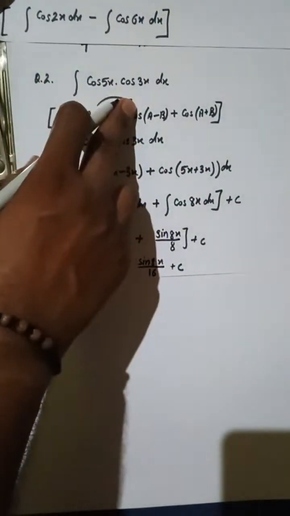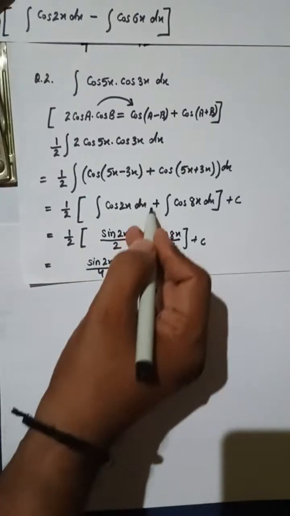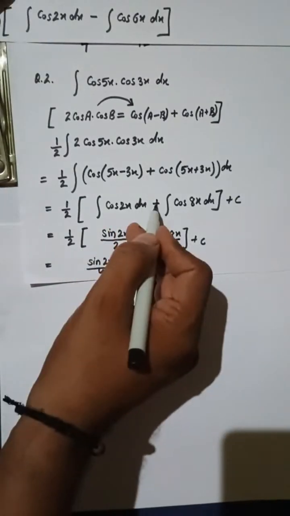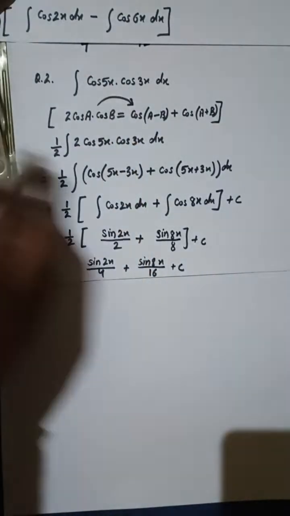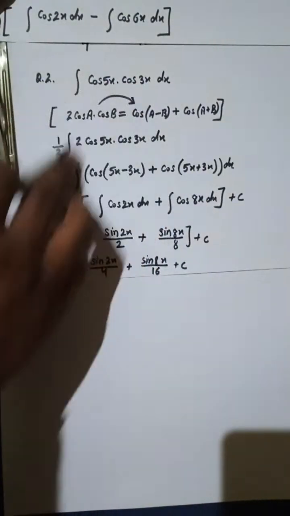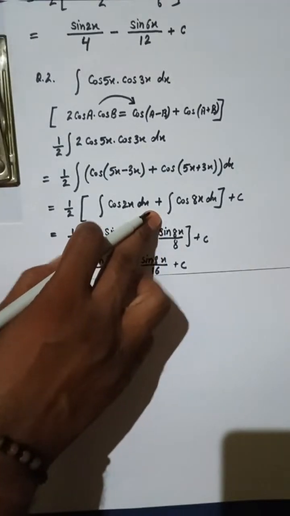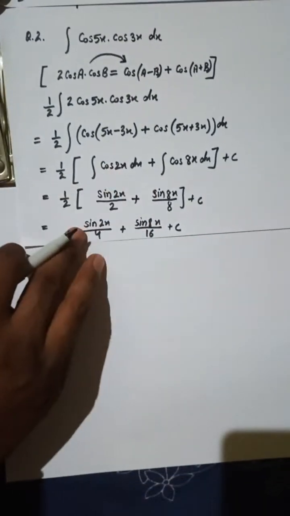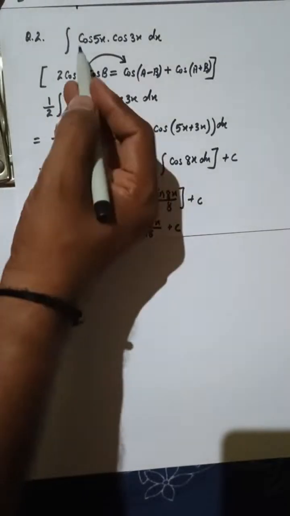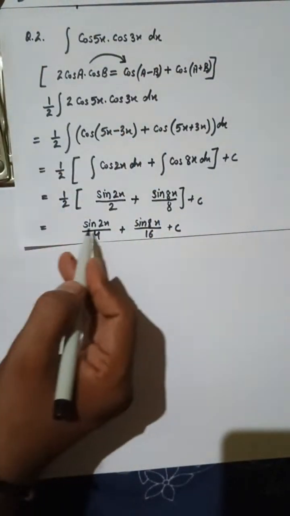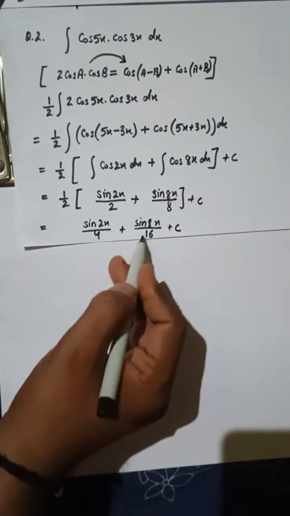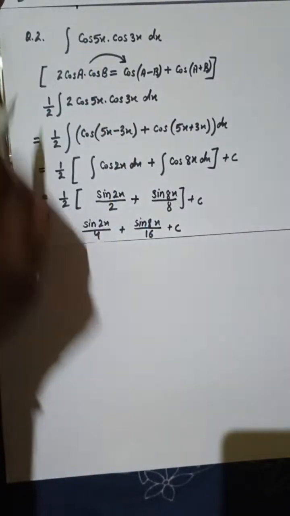If both are cos, then we need to put plus. That is the difference. So the integration of cos 5x into cos 3x dx is equal to sine 2x by 4 plus sine 8x by 16. This is the integration of this part.